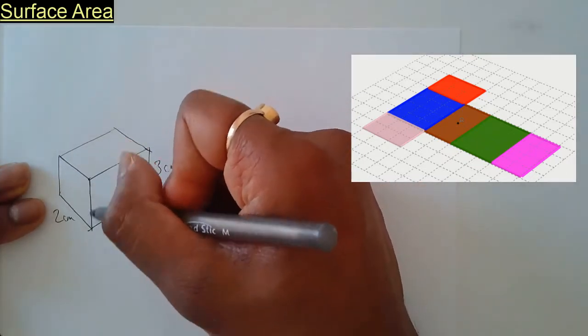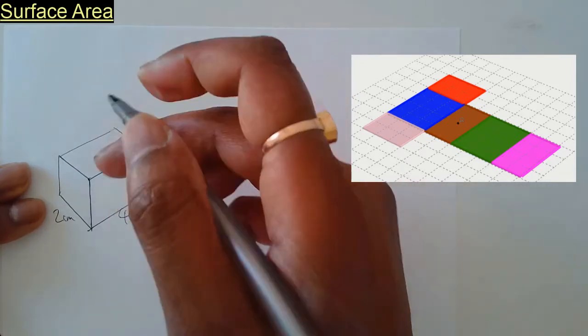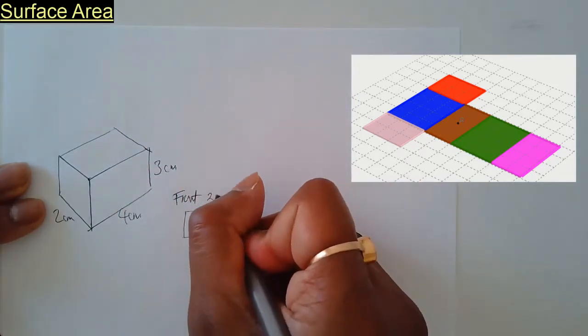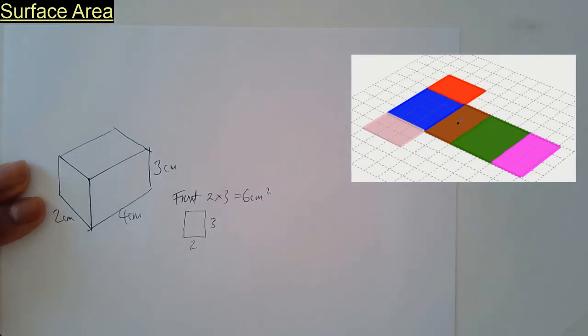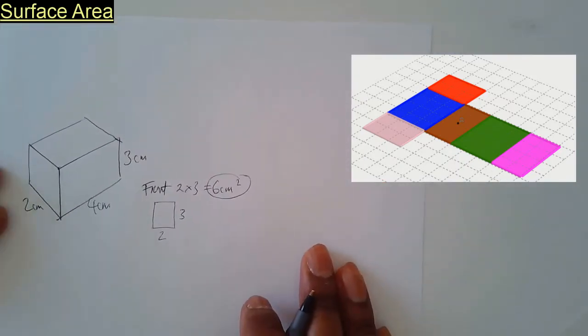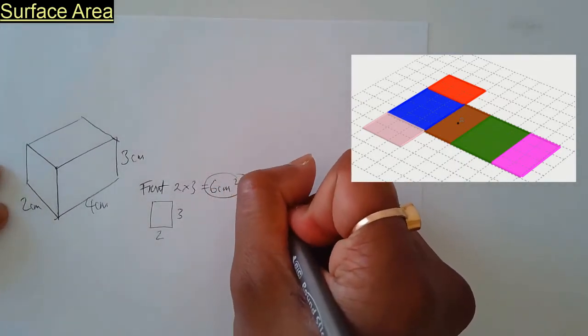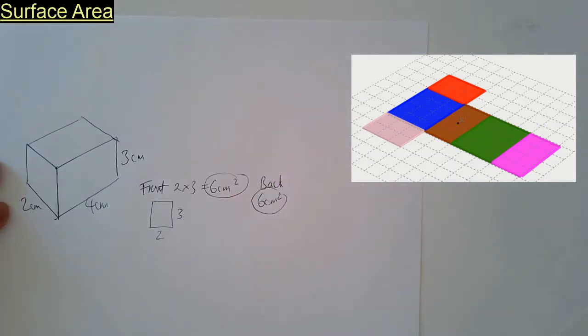That there is obviously the same as that, 3. So 2 times 3, 6 centimeters squared. So the front is 6. The back is also going to be 6. As you can see from the animation, the front is 6 centimeters squared, and the back is also 6 centimeters squared.